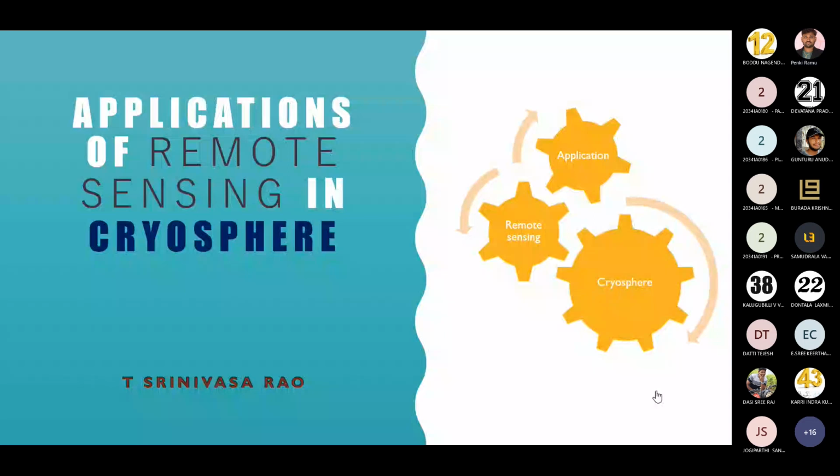But here I have chosen a simple area, cryosphere, and I'm going to discuss the different applications that we can work on with the help of remote sensing.